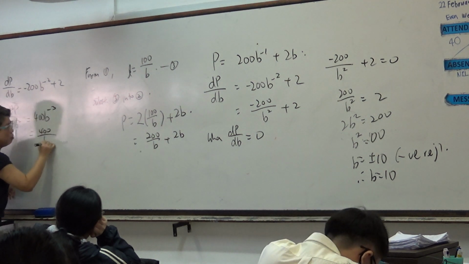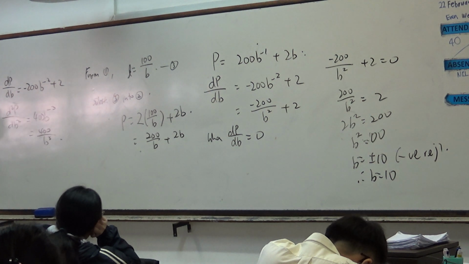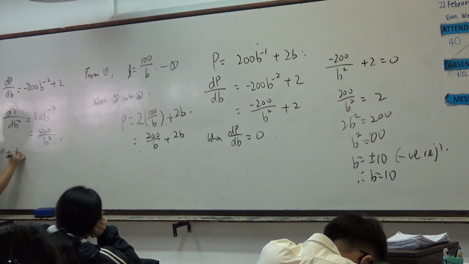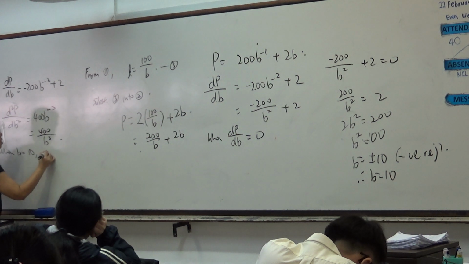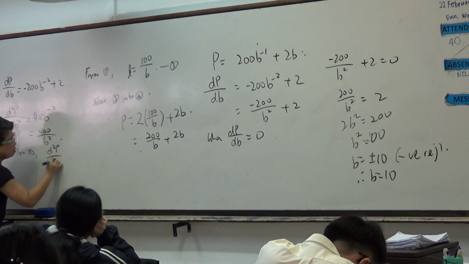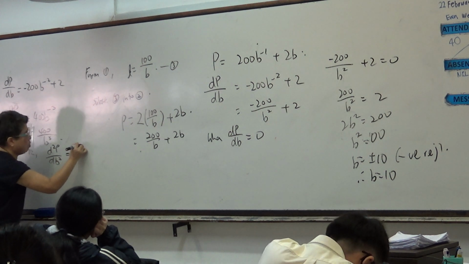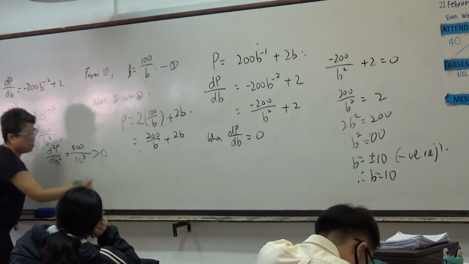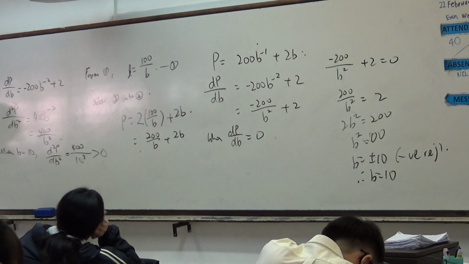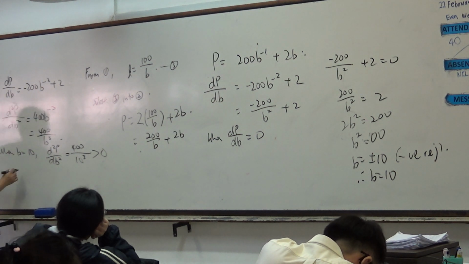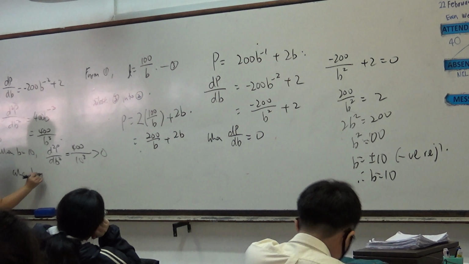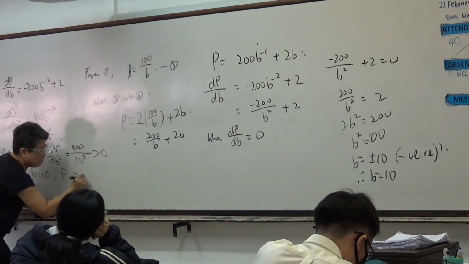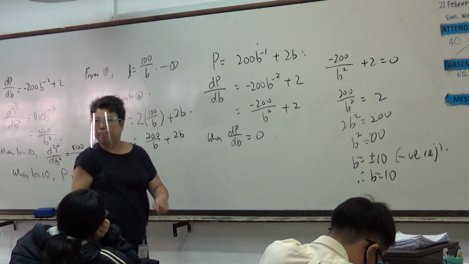It's 400 over B cubed, right? Okay, so when B is 10, d2P/dB squared is actually 400 over 10 cubed, which is positive, right? Correct. When it is positive means what? When B is 10, P is minimum, right?